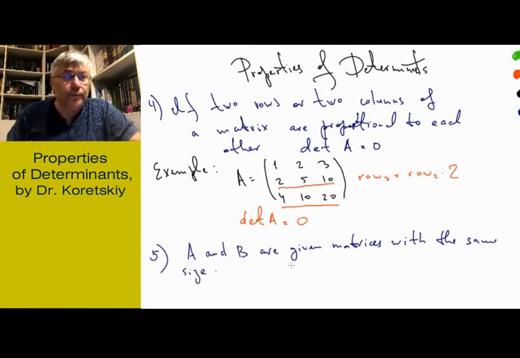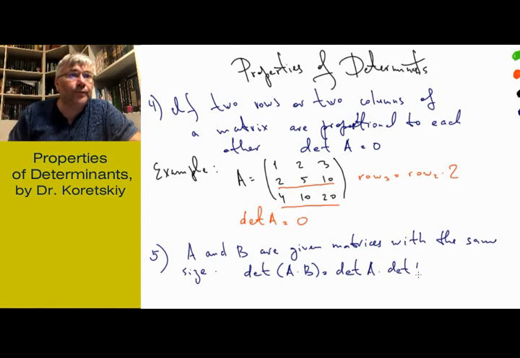So determinant of A times B matrix equals determinant A times determinant B. Okay, this is the rule.